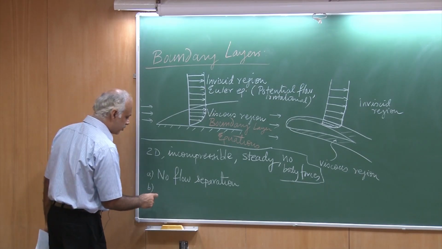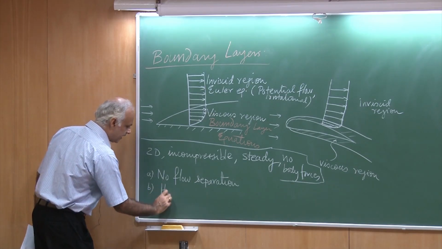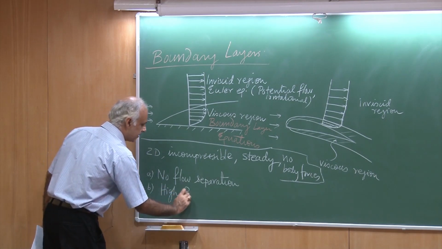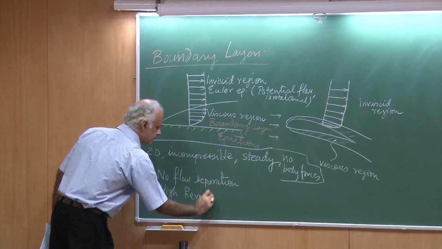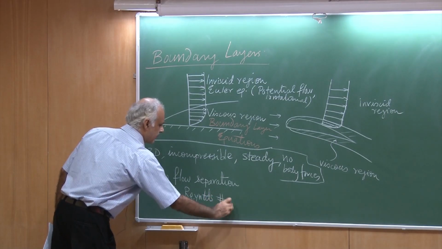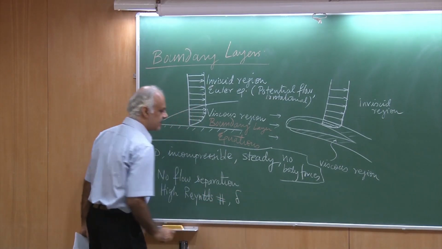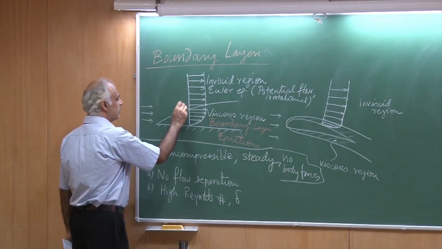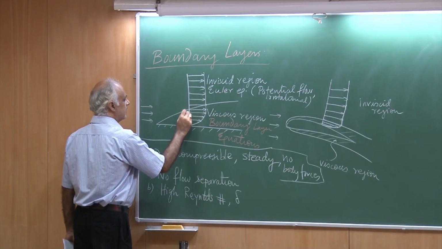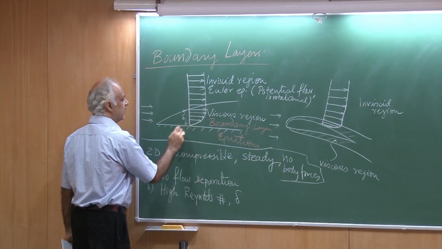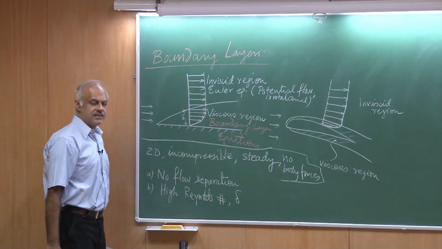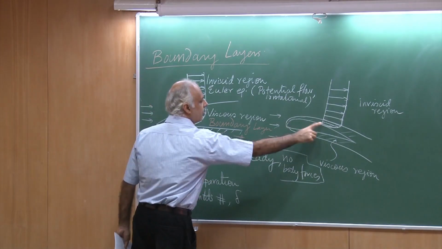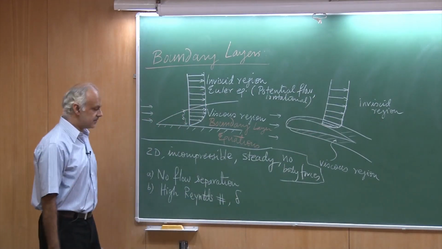That would happen, we have shown in an earlier session, when we are dealing with high Reynolds number, such that my delta, the boundary layer thickness, so this here for example is the boundary layer thickness. Of course, it's a function of x. Similarly, in the airfoil, the boundary layer thickness is a function of x.